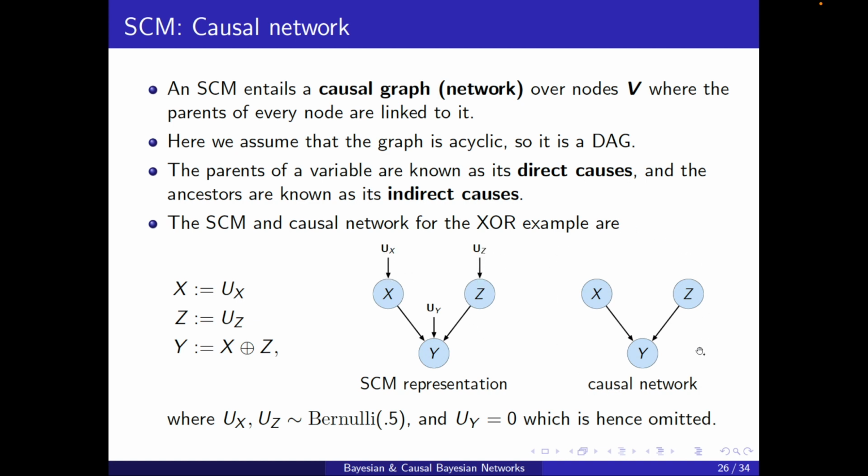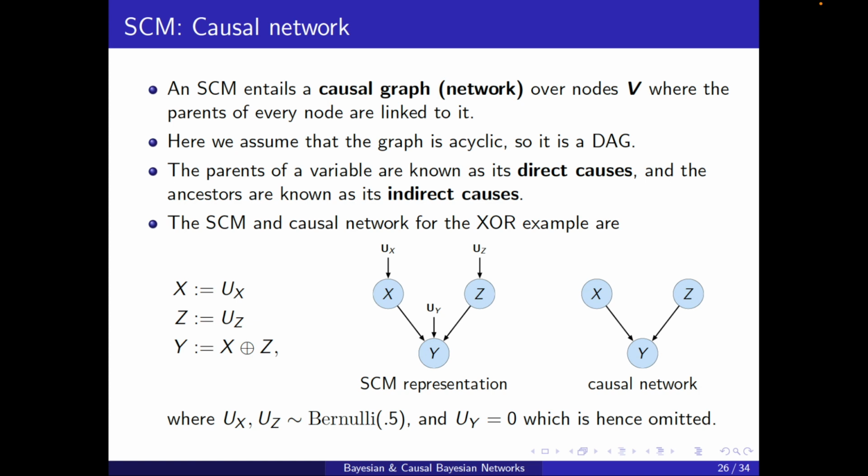And this will be my causal network. The ones here that are directly linked to it are its direct causes, and those here I don't have any, but if I had something here, then that would be an indirect cause. It makes defining direct causality and indirect causality so simple.